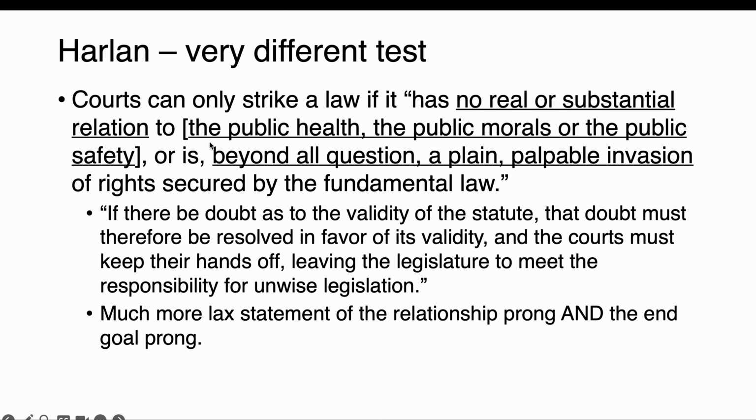The other way the government can strike it down is if it really is not doing anything to protect the public, but is just palpably invading rights. Right? It has no larger goal to help people. The only way the law works is invading people's rights. So if the law doesn't do anything at all for the police powers, strike it down. If the law only targets individuals for oppression without benefiting society, then the courts can strike it down.